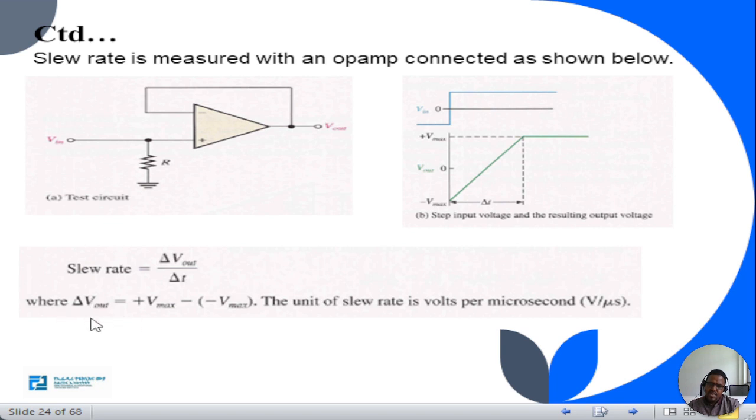Change of V out is the voltage difference, V maximum on the positive side minus V minimum on the negative side, or the voltage difference between V non-inverting minus V inverting. You can calculate it, and you get the slew rate.